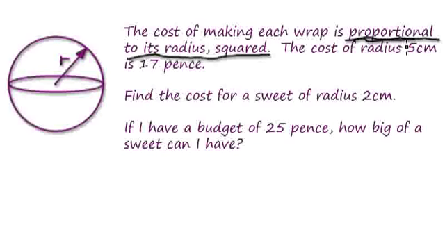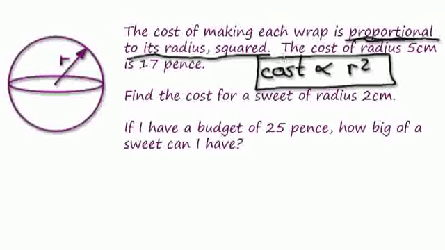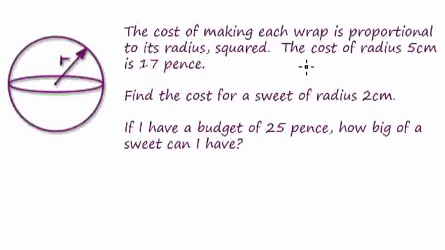So the minute you see "proportional to its radius squared," you can imagine this cost here is proportional to radius squared. You can summarize that whole thing as this, okay? And you're told that the cost of radius 5 centimeters is 17 pence.